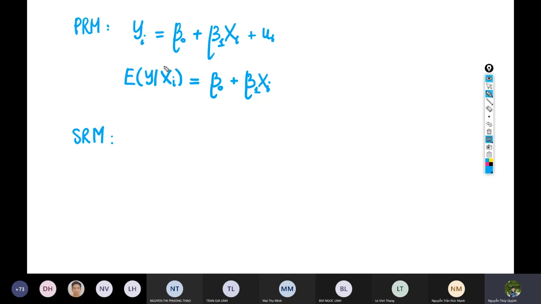The first one is the stochastic form, and this shows the statistical relationship between x and y, which means that for one observed value of x, we can have different values of the dependent variable y. For the population regression function, it is the functional or deterministic relationship between x and the conditional expectation of y.